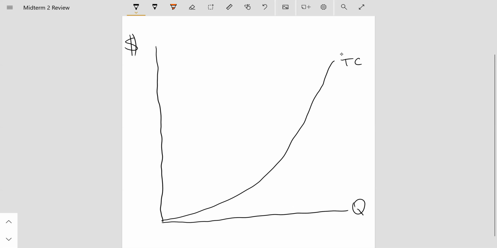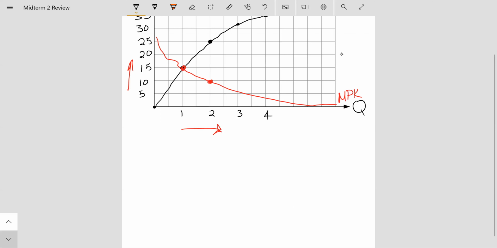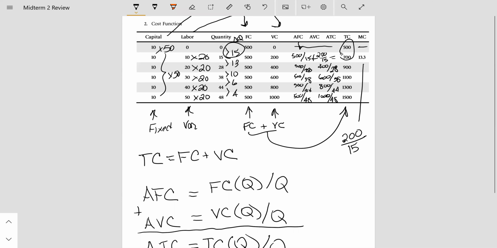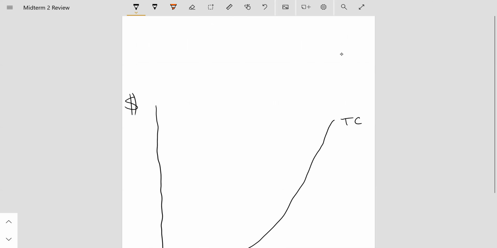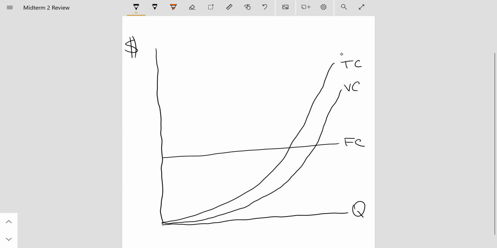So TC. Fixed cost is at the same level. So here's what fixed cost looks like. And then variable cost increases. And so you take the two and you add them together to get that total cost.